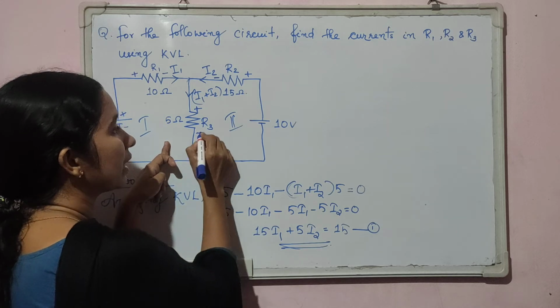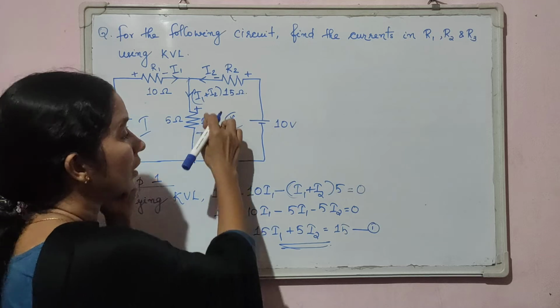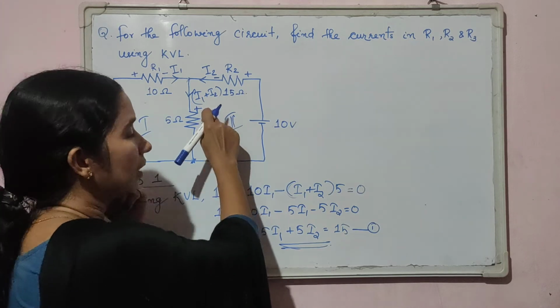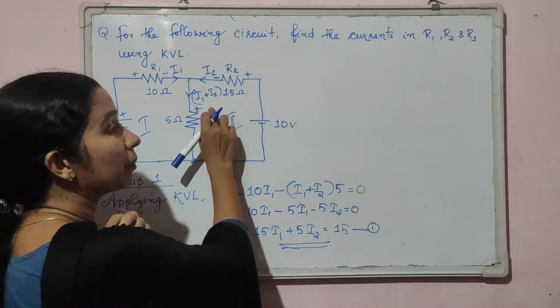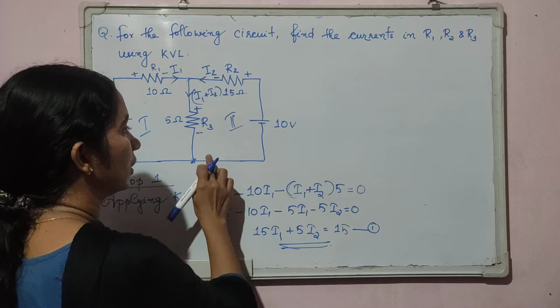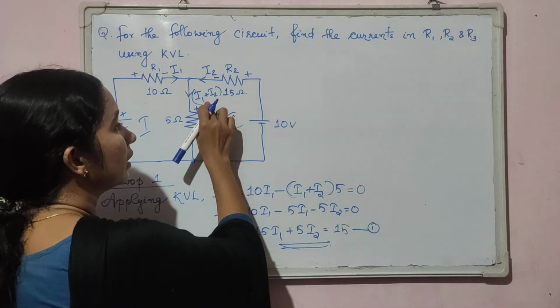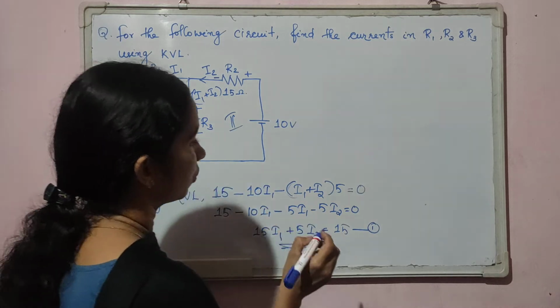I am proceeding from the negative terminal to the positive terminal, so there is a rise in potential. The voltage across R3 should be marked as positive, and it is I1 plus I2 into R3, that is 5 into I1 plus I2.